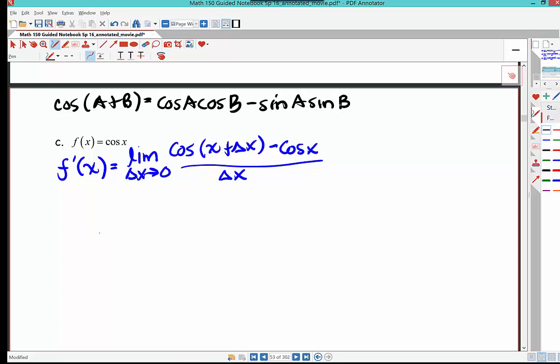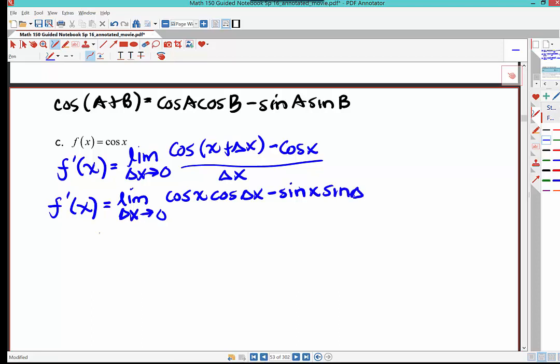Well, let's just go with this, and then we'll figure out the other stuff. So now what do we have? F prime of x equals the limit as delta x approaches 0 of, good, our a is x and our b is delta x. So we'll have cosine at x times cosine at delta x minus sine at x times sine at delta x.